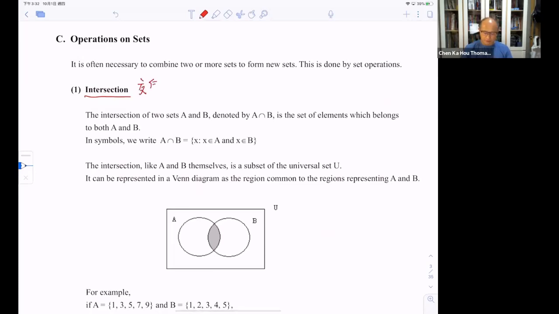中文咧就叫相交啦，交集。Okay, the intersect of two sets is denoted by this symbol. Please remember this symbol.